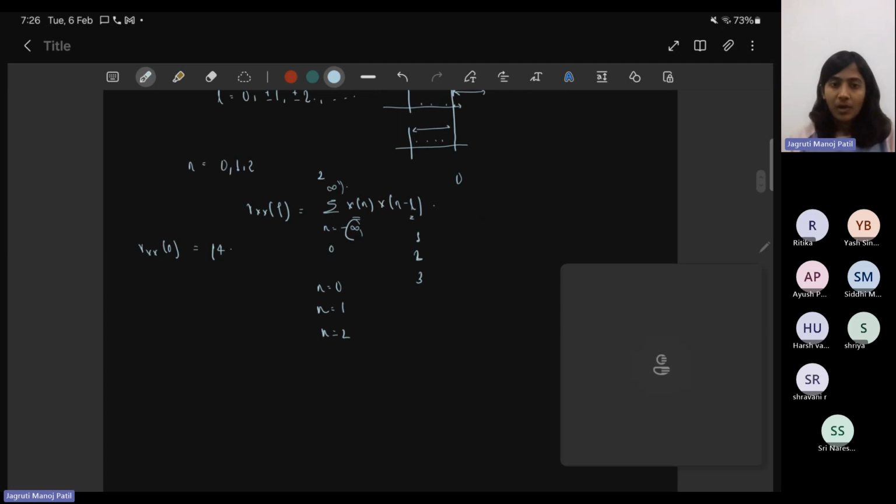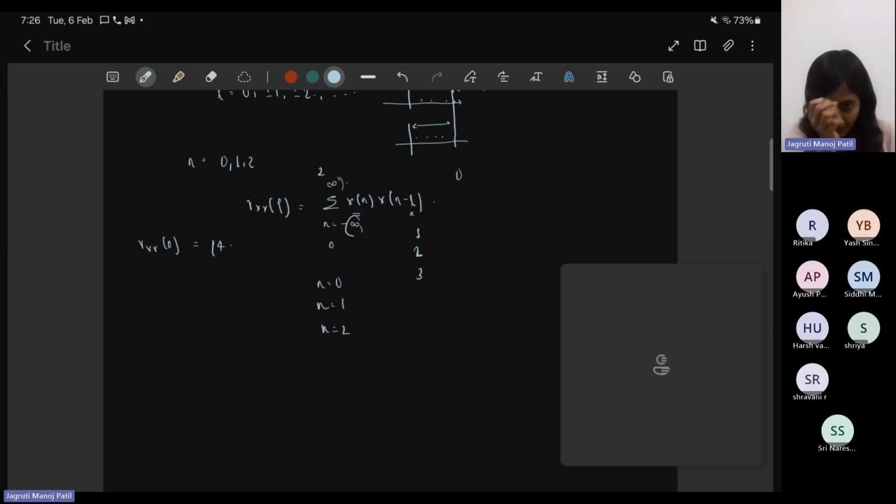If you all are doing this particular sum, can you please do the iterations and tell me? One simple thing: just tell me how many terms would be there in our autocorrelation. We had n equals 0, 1, and 2. L would also be 0, 1, and 2, because after that this term would be 0, so we won't get any values there.